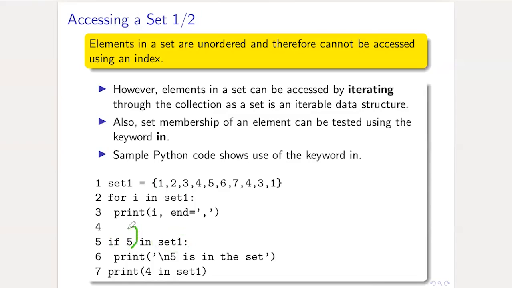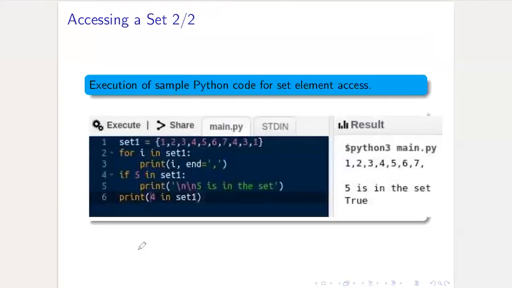This has to be a value which appears in the set for it to return true. If it does not appear, it will return false. So in is an operator which returns a Boolean value of true or false. Here's the example of running that code. 5 is there in the particular set, so if you do the set membership test, it will return true.